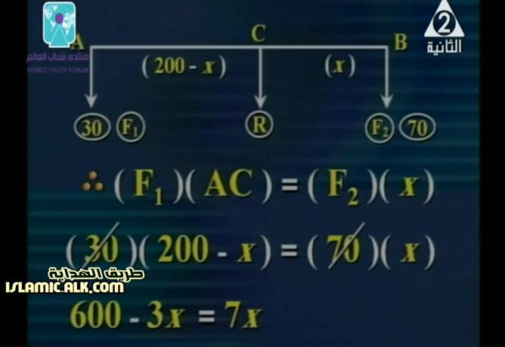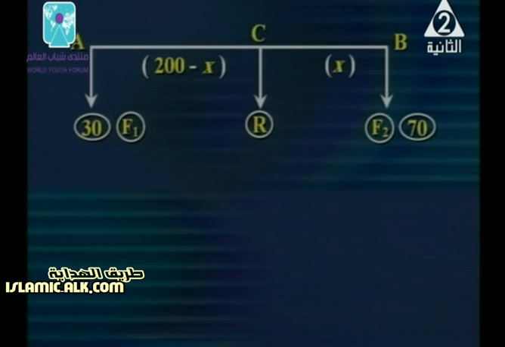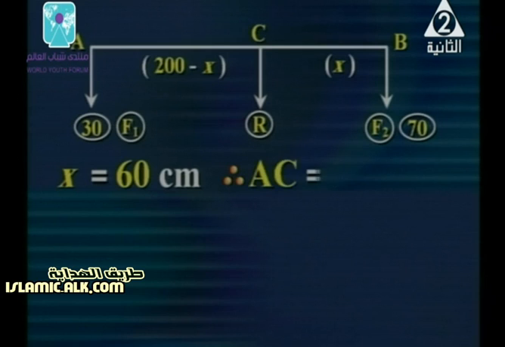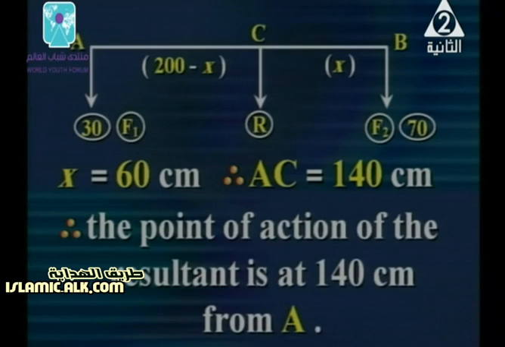By combining the right hand side and left hand side, 10x equals 600, therefore x equals 60 centimeter. Then R, its magnitude is 100, acts at point C at 60 centimeter from point B, or 140 from point A. Then AC equals 140 centimeter. Therefore, the point of action of the resultant is at 140 centimeter from point A.